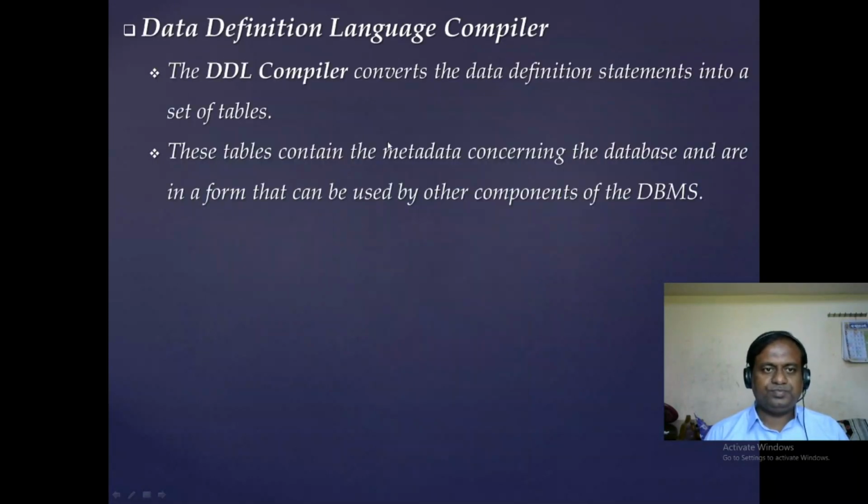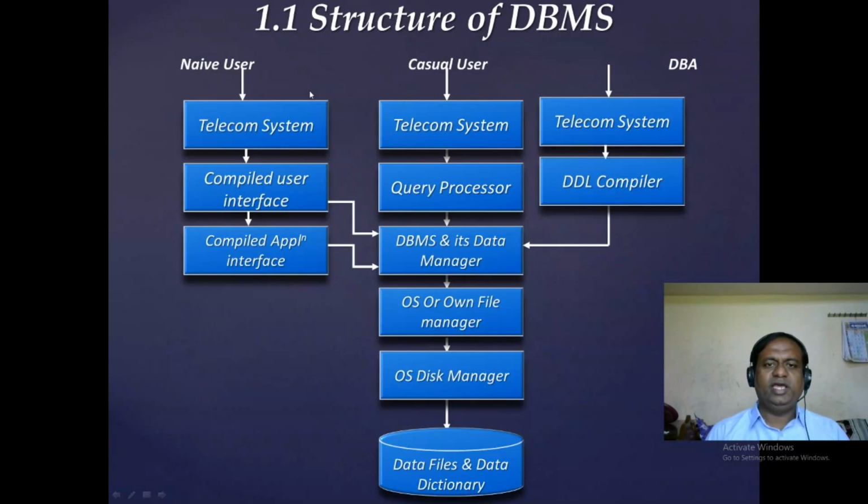Then, if we look carefully in the diagram: naive user, telecom system, casual user, telecom system, DBA, telecom system, DDL compiler. All the commands which need to be executed for creating objects of the database are assigned to the DDL compiler, and they will be given to the data manager.